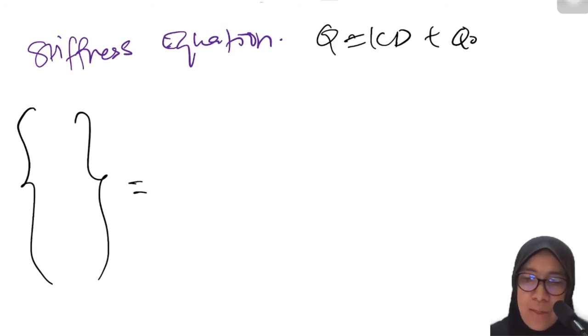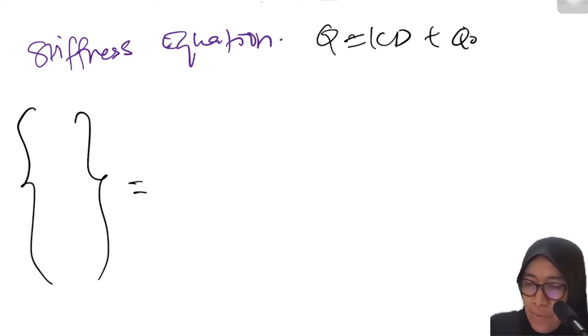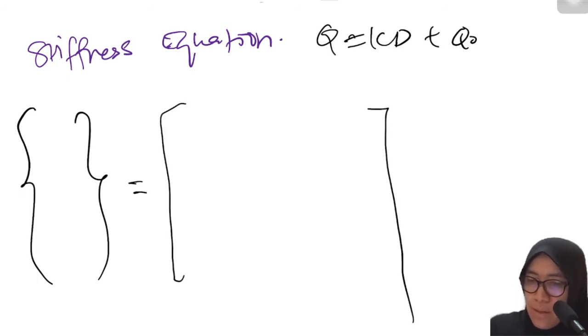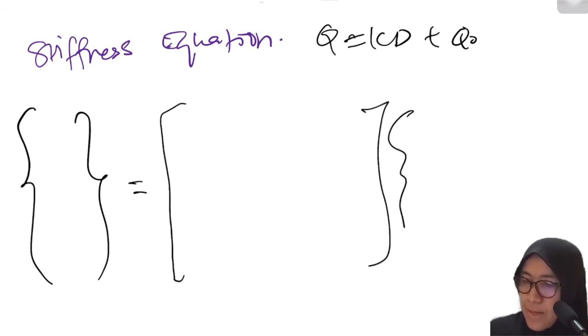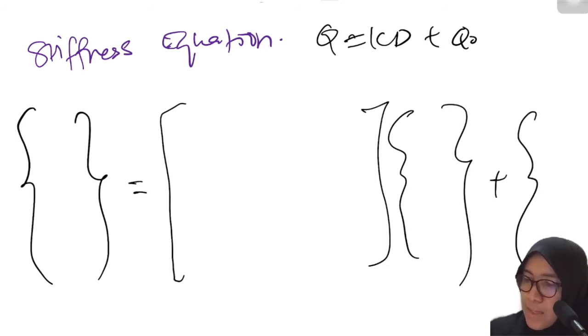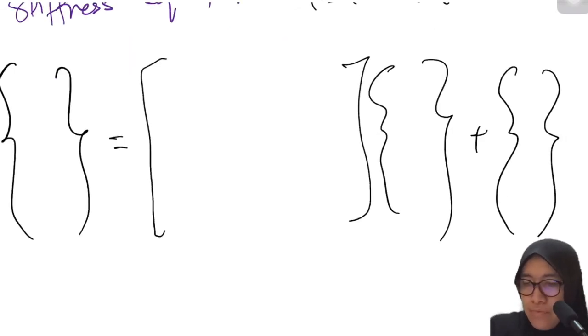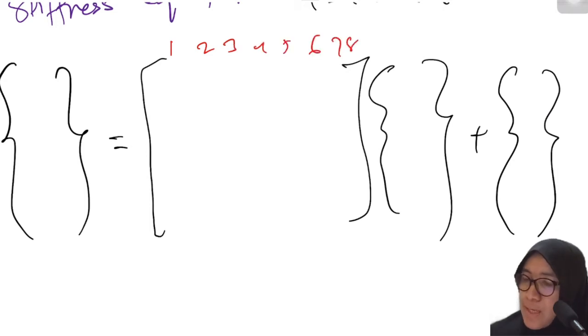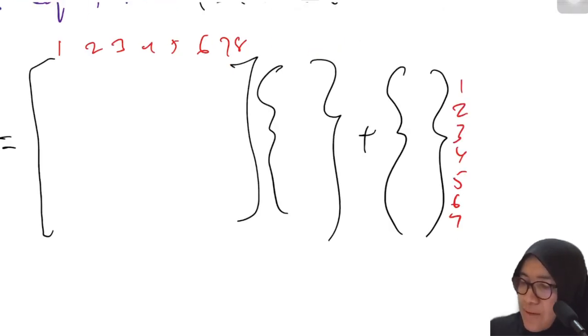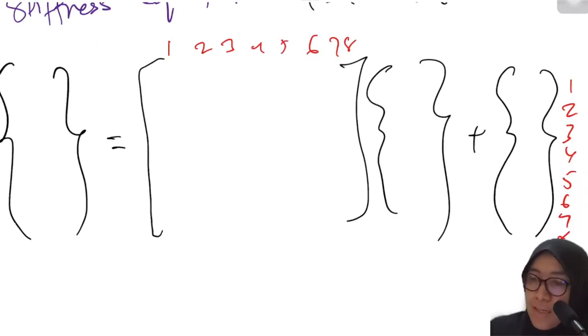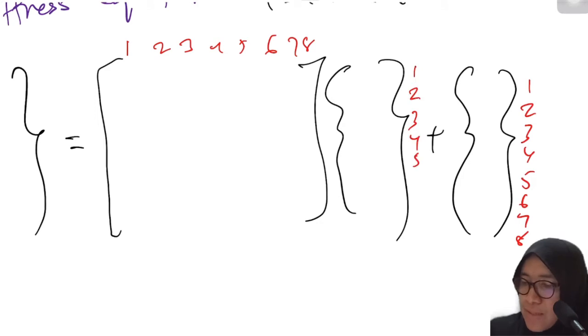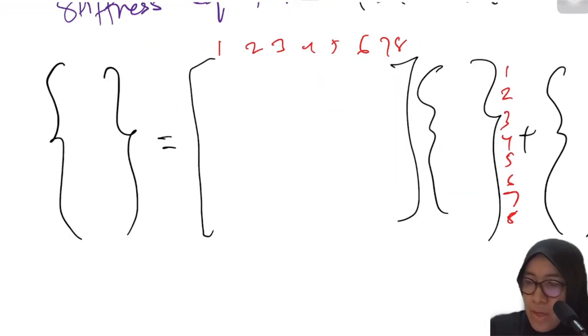Means that we will have Q at position 1 until position 8, and then K 1 until 8, times D1 until D8, plus Q naught 1 until 8. We have it like this, all from 1 to 8.